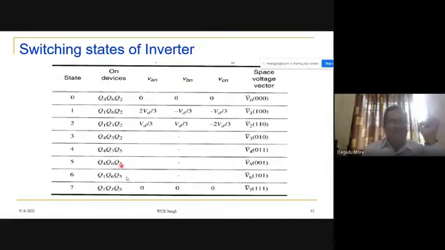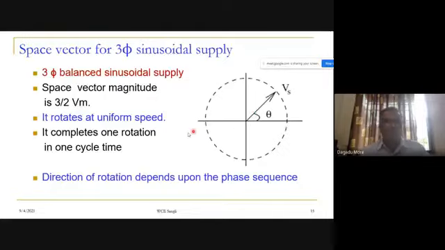Whenever the upper three are on, or whenever the lower three are on, our output voltages will be zero. Yesterday we discussed the procedure: if the V1 space vector, the 1 0 0 state, is there, then what will be AN, BN and CN. Very important is that VAN plus VBN plus VCN will be equal to 0: 2/3 VDC minus 1/3 VDC minus 1/3 VDC equals 0.